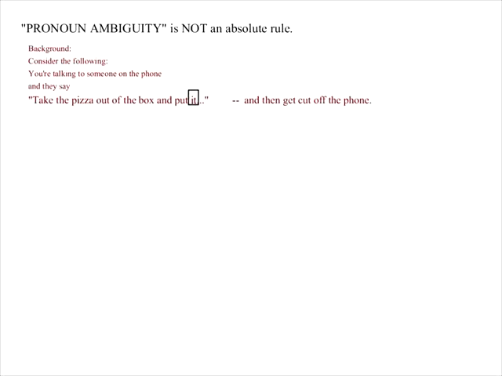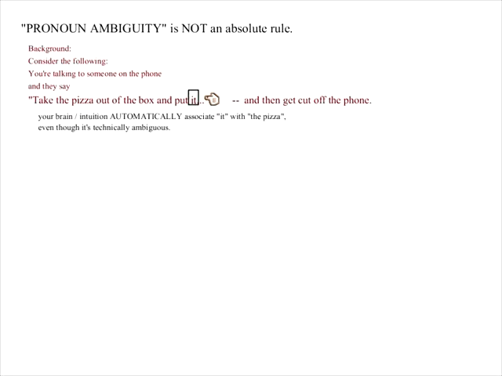In other words, your brain and intuition automatically associate it with the pizza, even though we have a perfectly respectable other antecedent, even though it's technically ambiguous. And this is always the result in any class for which this example is shown.